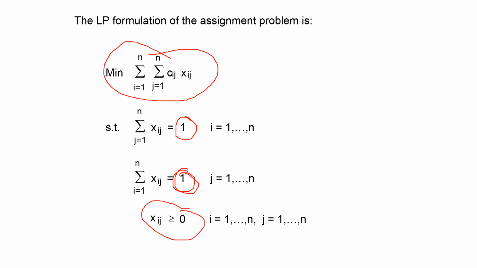For the supply, that means you cannot assign more than 1 person to the same job, and this means that a person cannot be assigned to multiple jobs. There are those 2n constraints, n plus n constraints, for this problem.